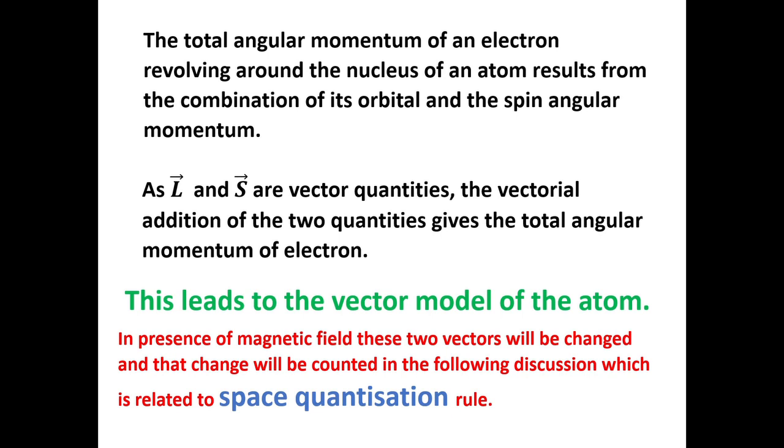The total angular momentum of one electron atom. What is the meaning of the one electron atom? Hydrogen is the simplest example of that. If we consider, say for example, sodium, we know the number of electrons is 11.